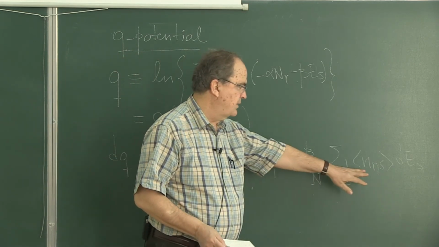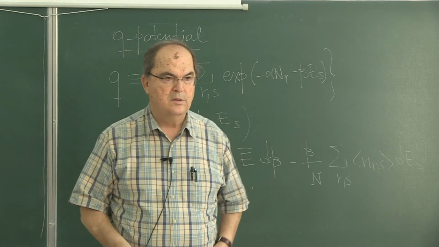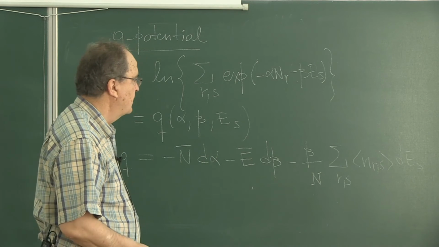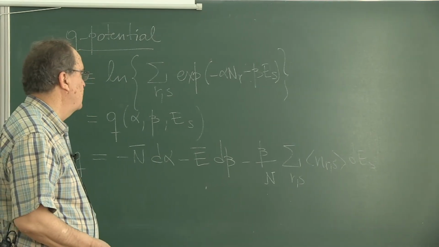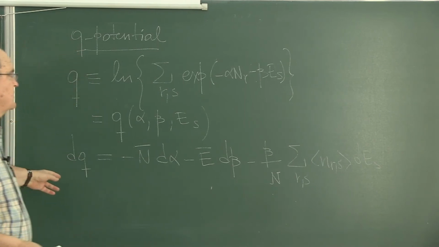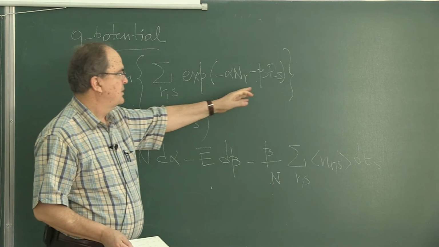Well, that average is the average N, isn't it? You have to think about this term. If you take the derivative of this with respect to E, you bring down a beta.